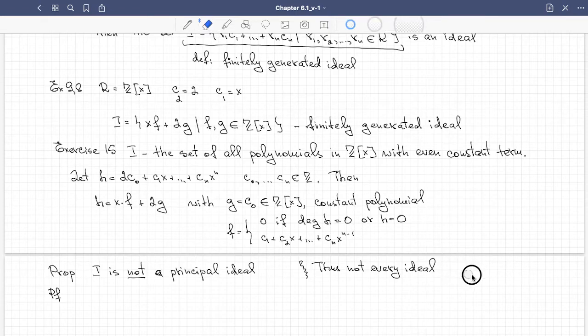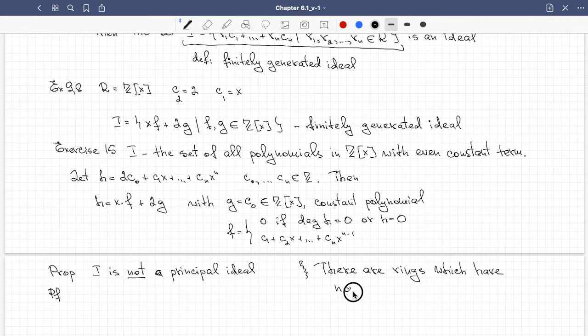Not every ideal in an arbitrary ring is principal, or there are rings which have non-principal ideals.